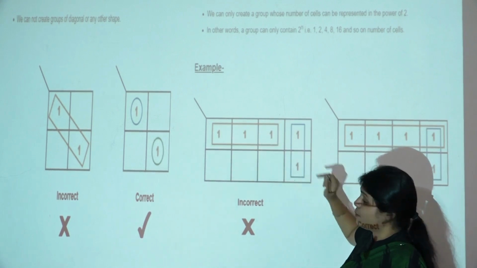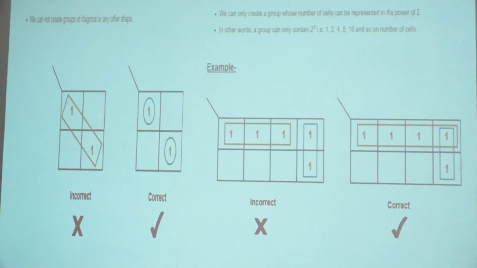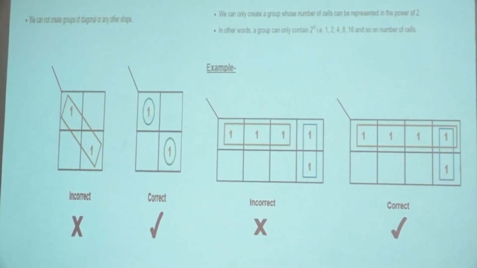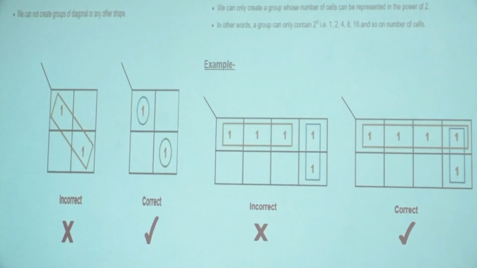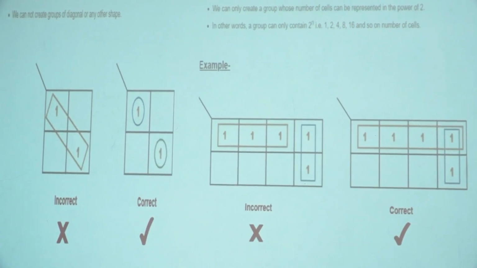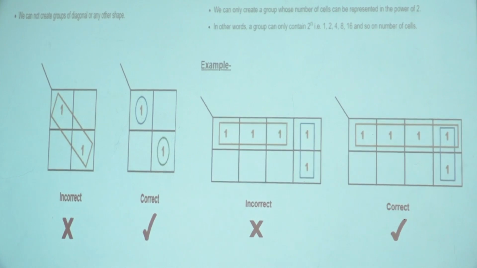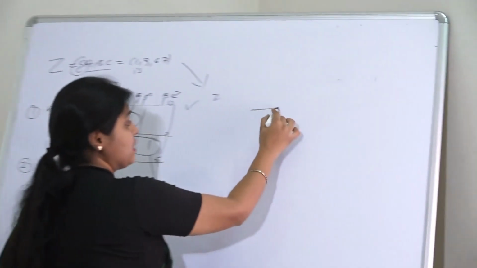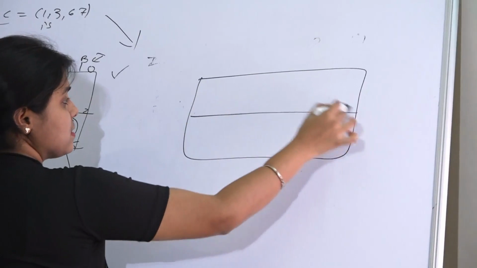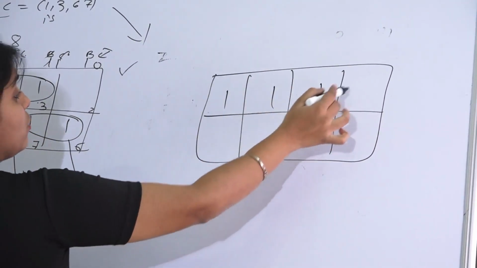Now, I'll tell you where we actually go wrong and where students commit mistakes. Look at the board. When we look into this particular example, I have a 3 variable K-map, something like this. As you can see on the board, I have 1, 1, 1, 1 and 1.